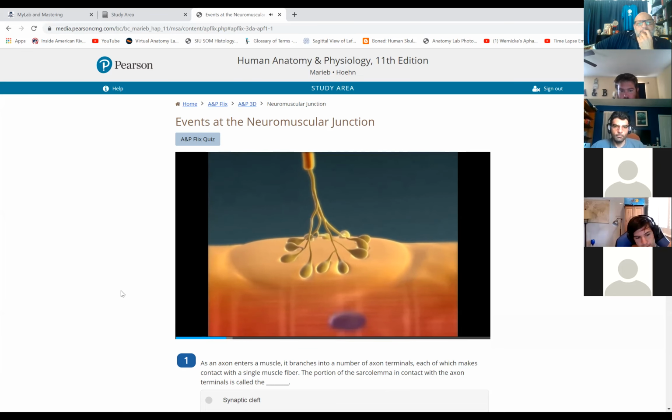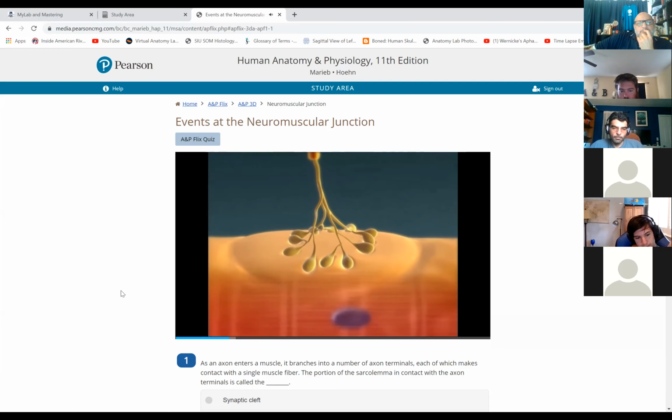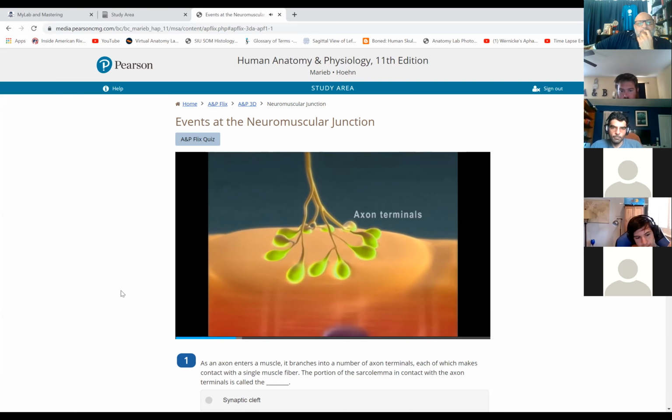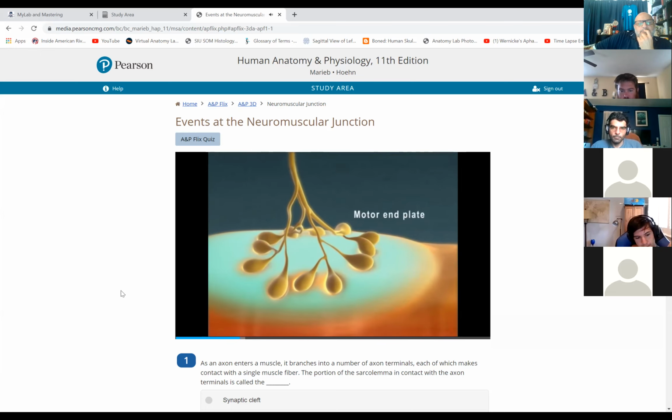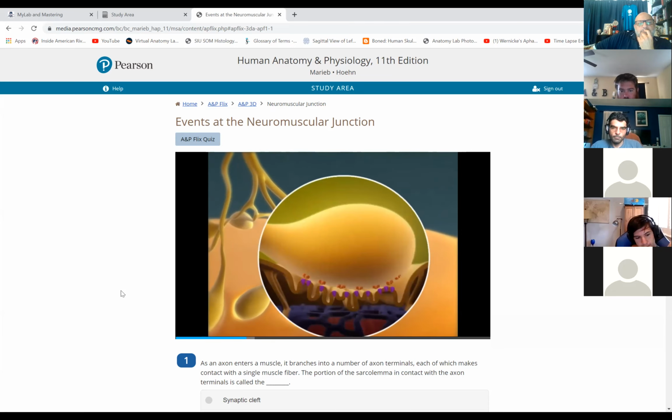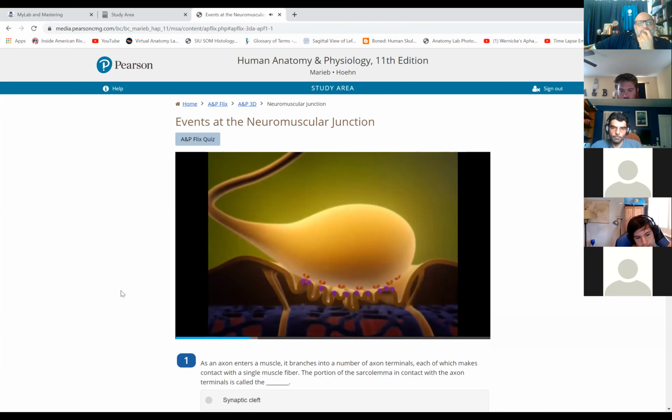This junction is a chemical synapse consisting of the points of contact between the axon terminals of a motor neuron and the motor end plate of the skeletal muscle fiber. The events at the neuromuscular junction occur in 7 coordinated steps.